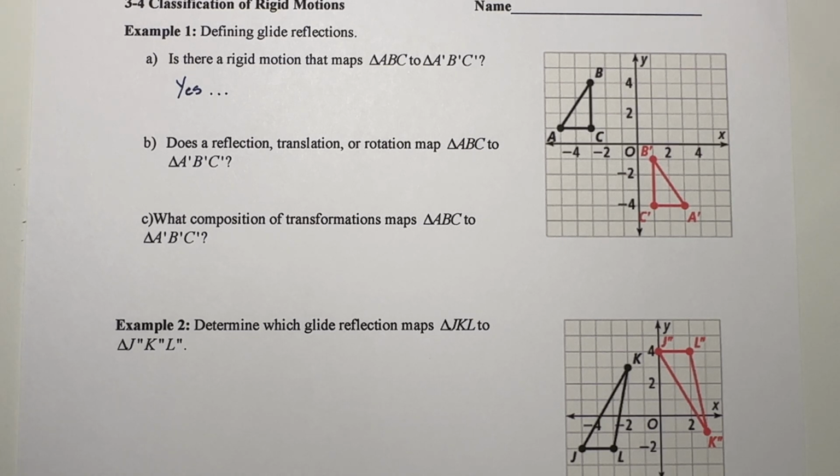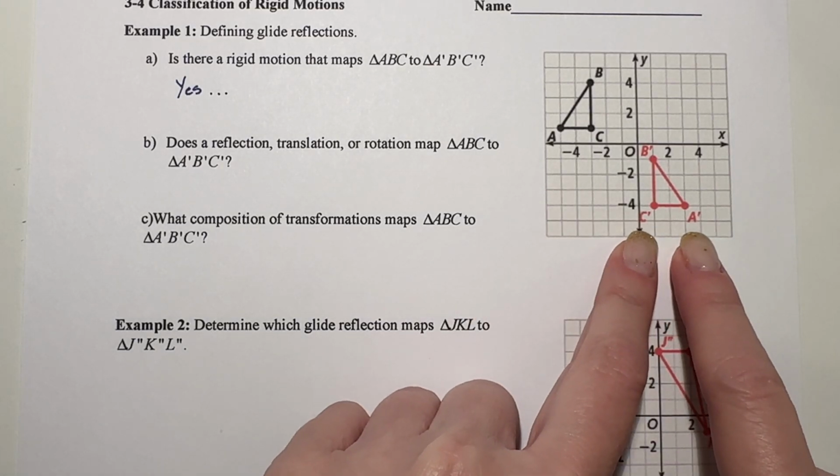All right, next it says, does a reflection, translation, or rotation map ABC to A prime, B prime, C prime? So since the orientation, in other words, which letters are on top, which letters are on the bottom, how they relate to each other, is not preserved. So you notice how the A and the C get swapped.